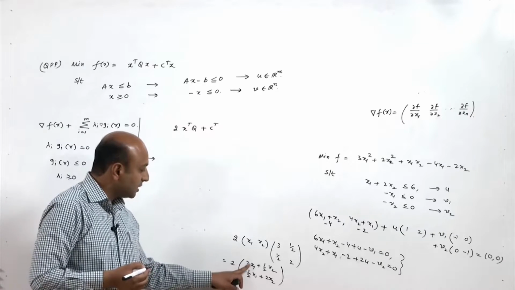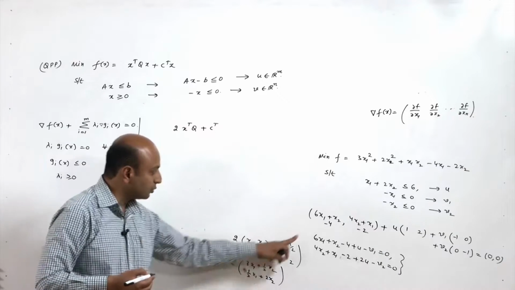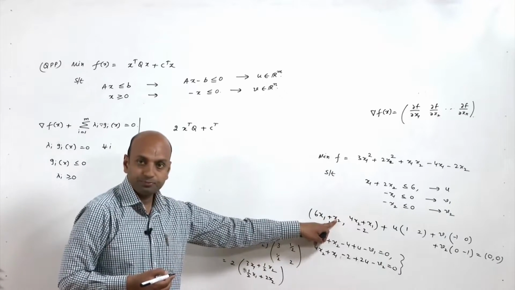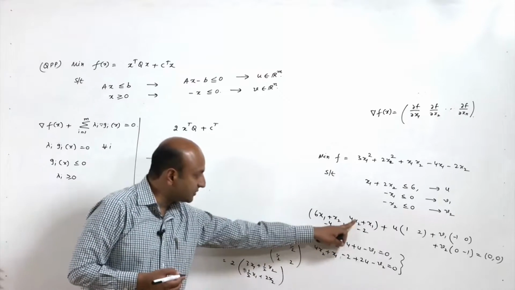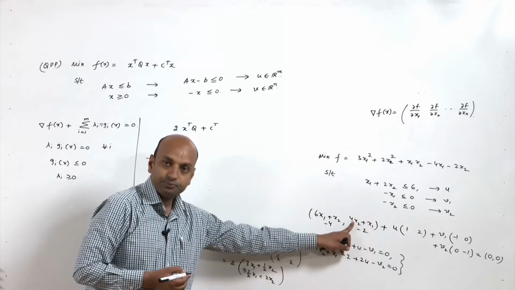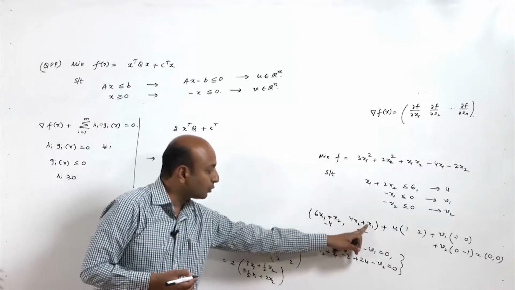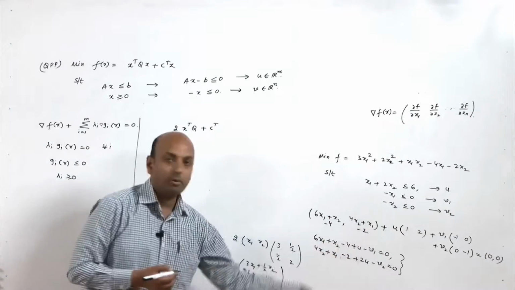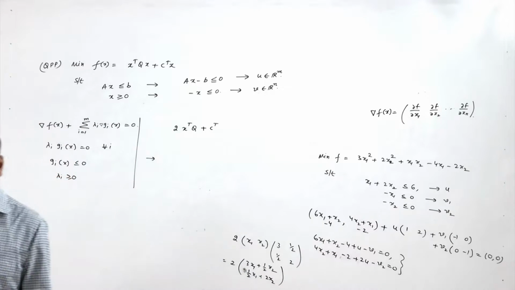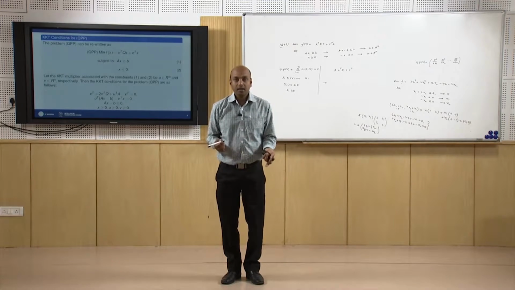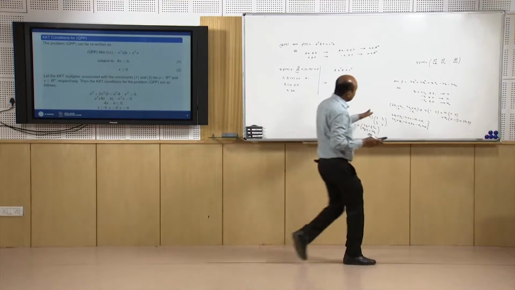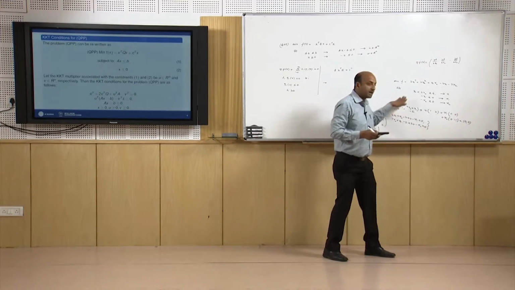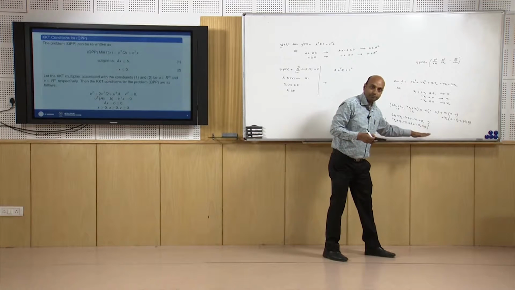So it is 6x1 plus x2, and then x1 plus 4x2. You can write it in row form or column form, it is up to us. We have to follow the same thing in the entire problem, either writing everything row-wise or everything column-wise.